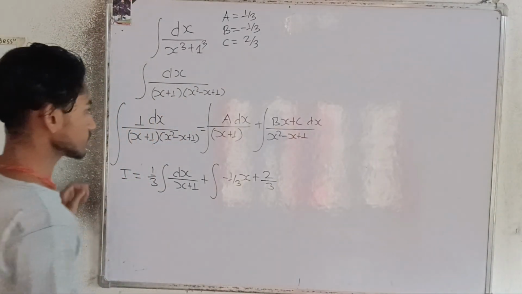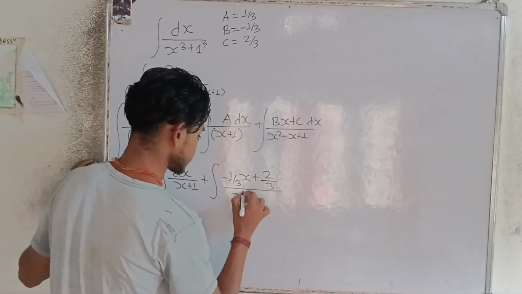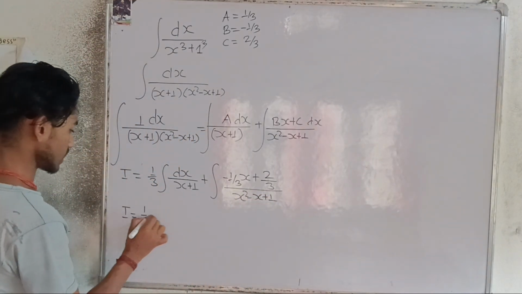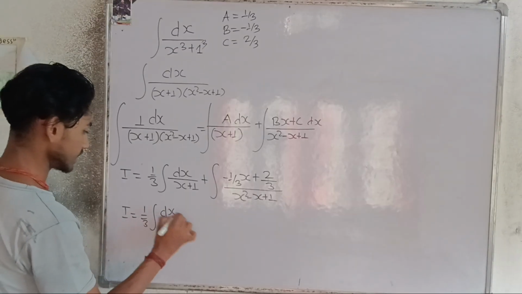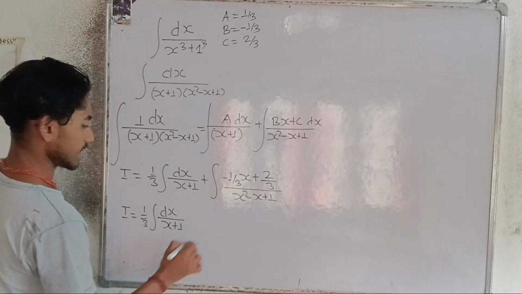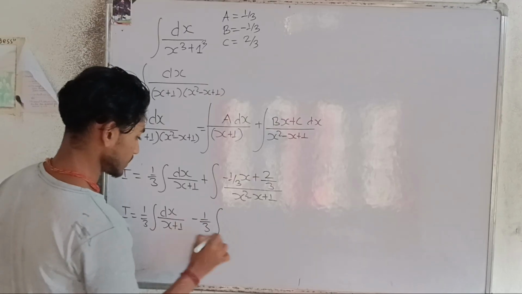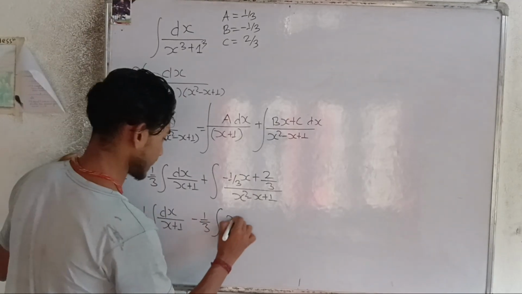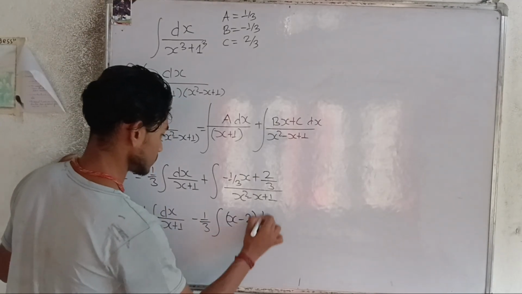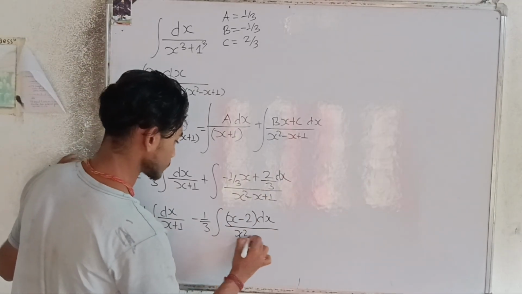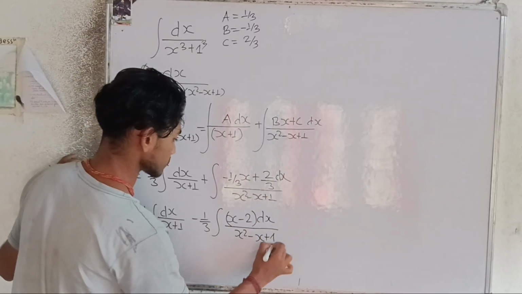Okay, and this is x square minus x plus 1. So I is 1 over 3 integral dx over x plus 1, and I'm going to take negative 1 over 3 as common, and I get x minus 2 dx over x square minus x plus 1.